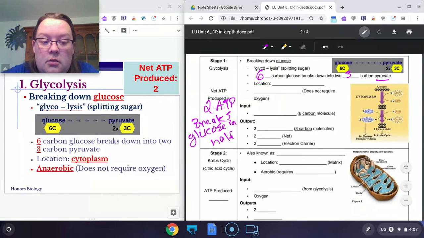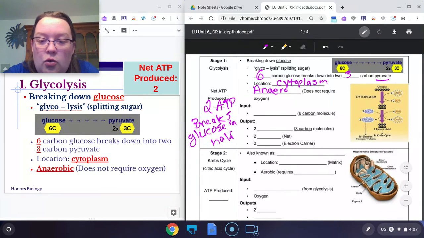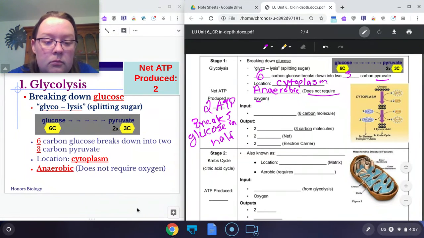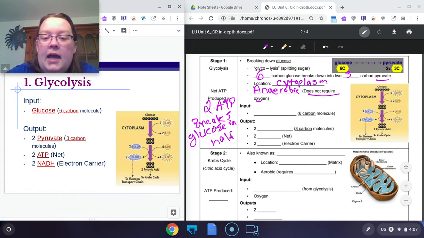So glycolysis breaks glucose in half. It happens in the cytoplasm of the cell. And this process does not require oxygen, so it is called anaerobic because it does not require oxygen. In order for this to happen, you have to put in a glucose.